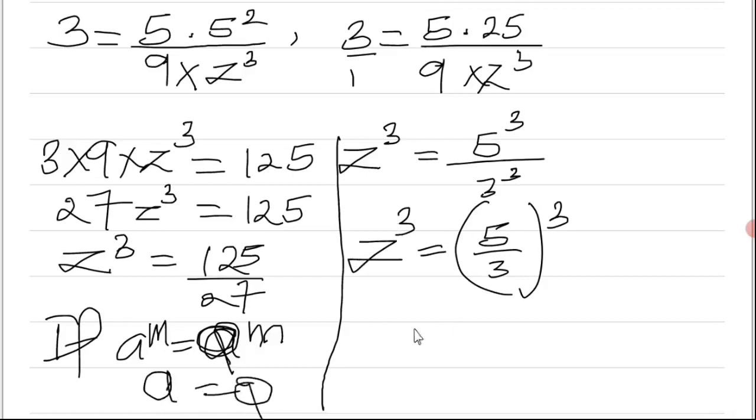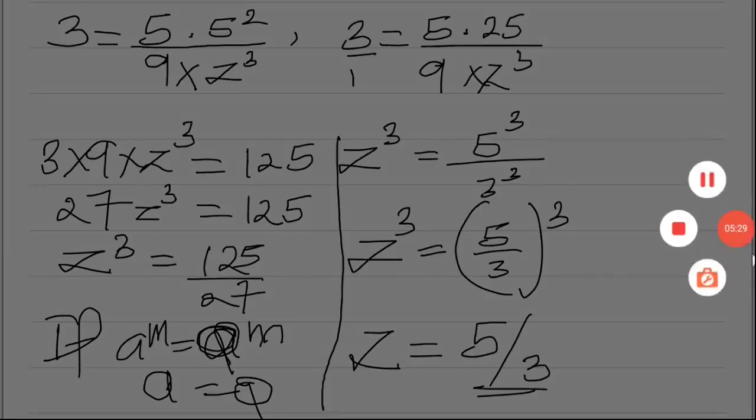The same thing is applicable here, so Z is equal to 5 over 3. So that is the answer for Z, the value of Z for number 1 part 2.